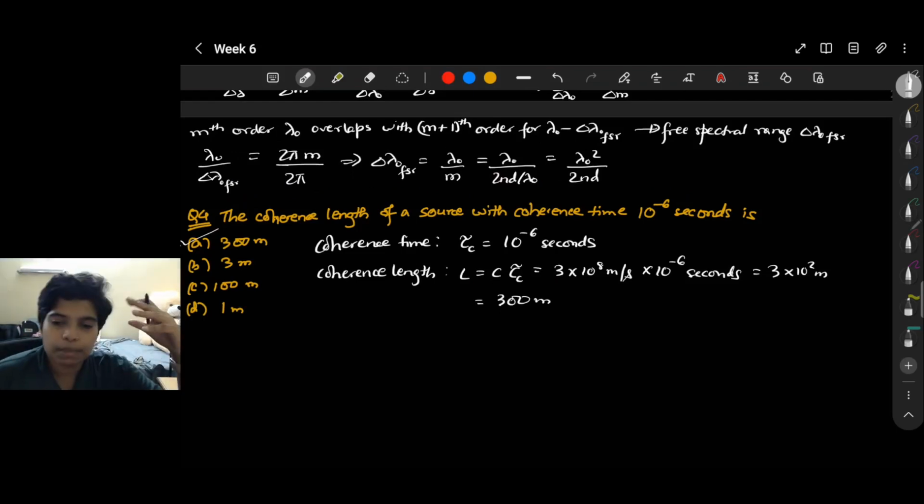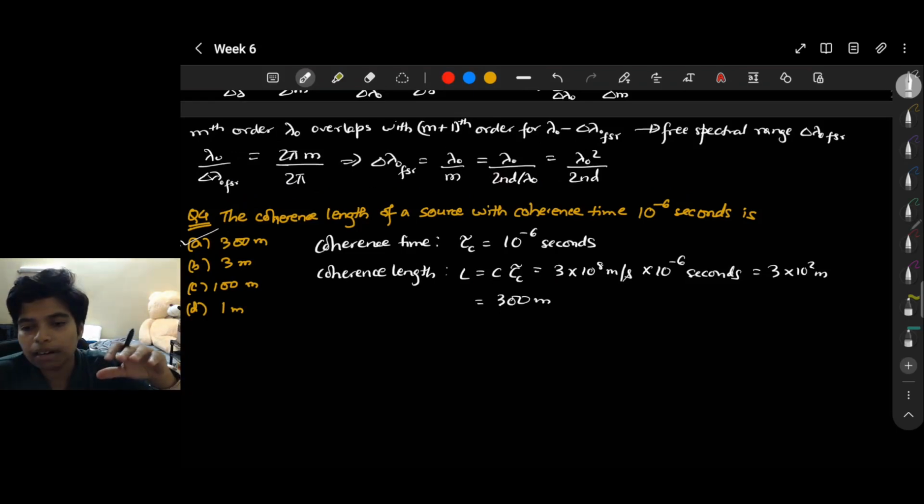So, the concept of coherence length and coherence time comes up because when there is a source of light emitting a light wave, it need not be just a single sinusoid. It could be in pulses, like wave trains. Each successive pulse or wave train might not have the same phase profile or correlation.